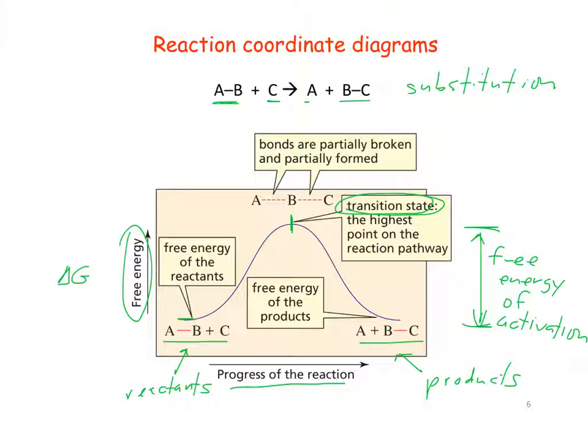All right, so the transition state is where all the bonds are being formed and broken, okay? So we go over a hump, a transition state, and we go down to the product side.